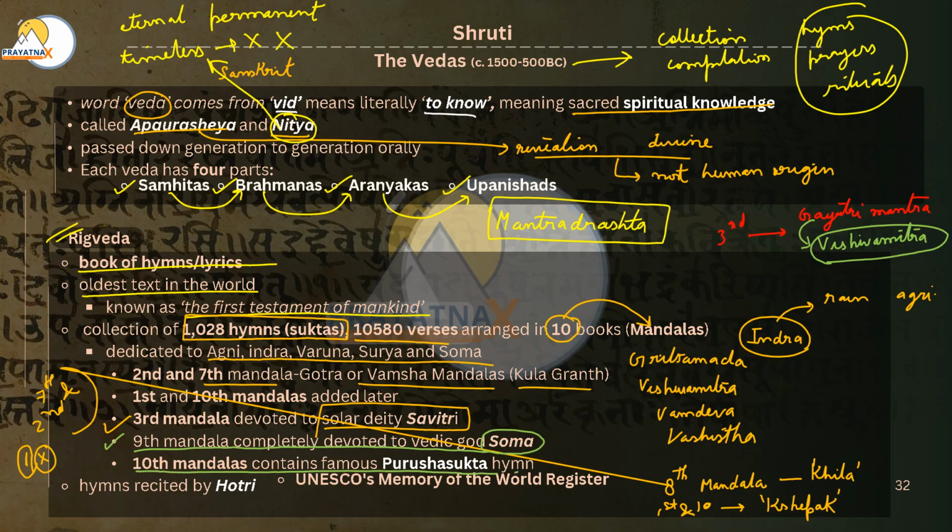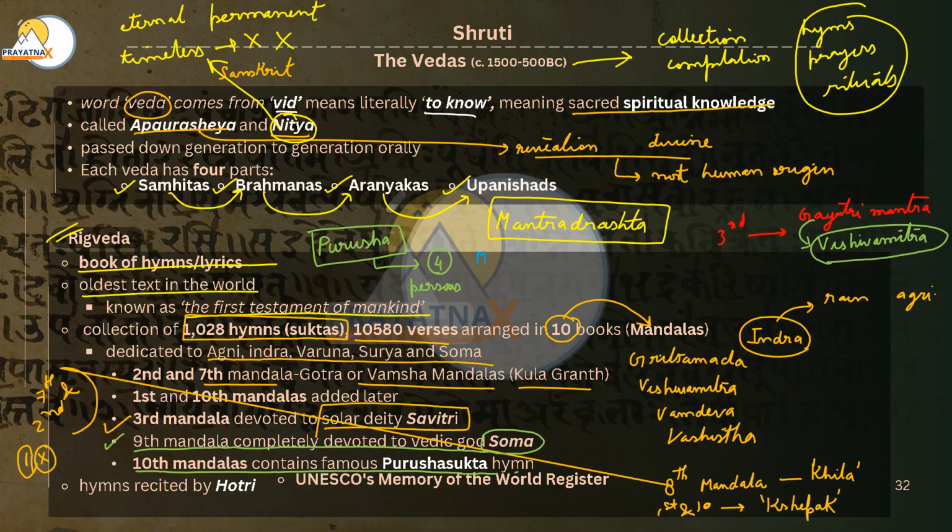Now, according to the Purusha Shukta, four persons originated from the body of Purusha, or the primal creator. From different parts, different classes were derived.